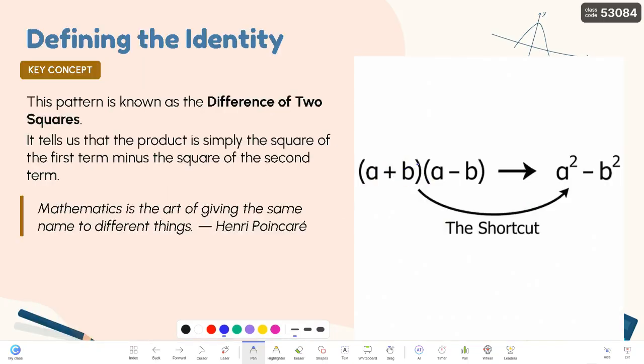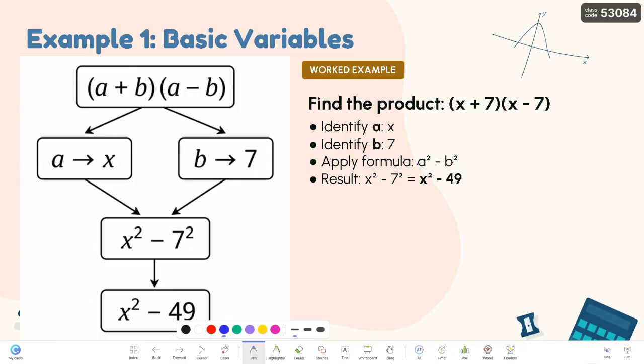Okay, so that is the difference of two squares, and this is how you find the product of the sum and difference when we are talking about binomials, or polynomials that have two terms.